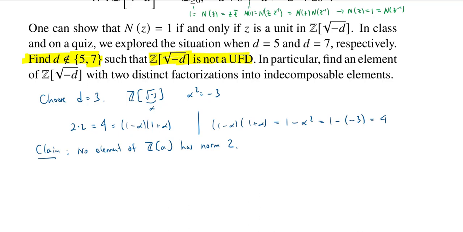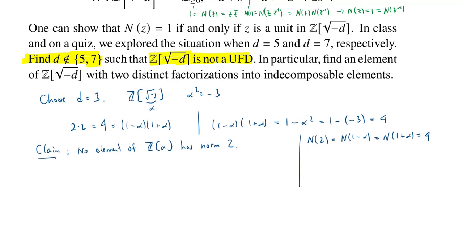Well, first, every one of these, 2, 1 minus alpha, and 1 plus alpha, if I compute the norm, the norm of 2 is 4. The norm of 1 minus alpha is 4, right? 1 squared plus 3 times 1 squared. And that is equal to the norm of 1 plus alpha. These are all equal to 4.